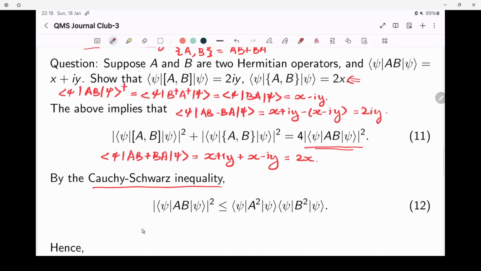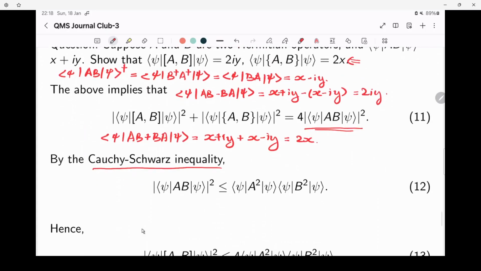Cauchy-Schwarz inequality basically means that if you have two vectors multiplied together like this, you can separate them into an A squared term and a B squared term. And these two terms multiplied together must be bigger than or equal to the one on the left hand side. So this is basically your Cauchy-Schwarz inequality.